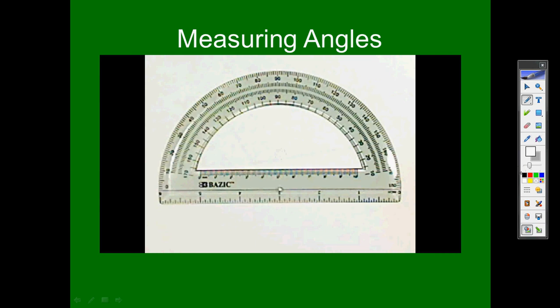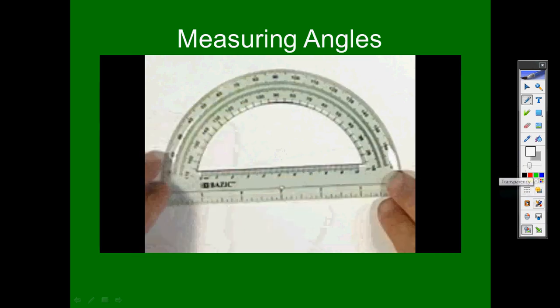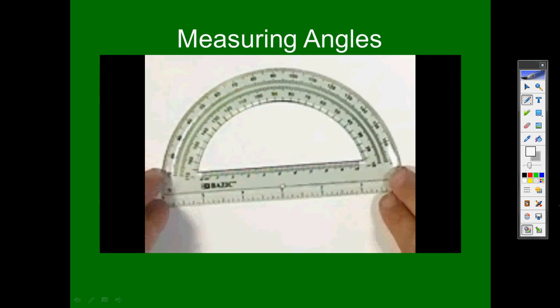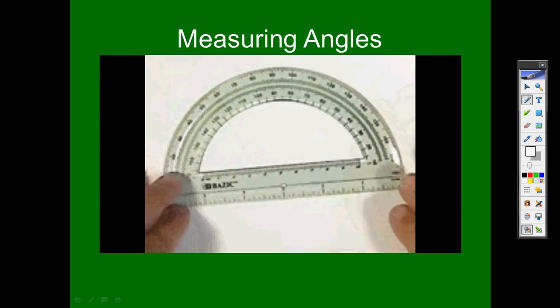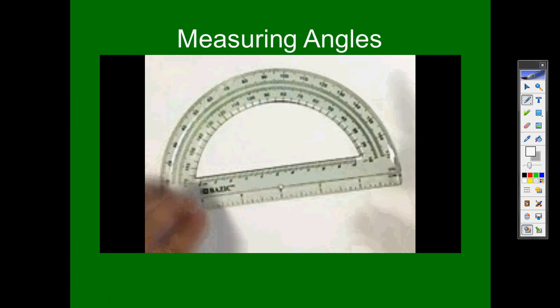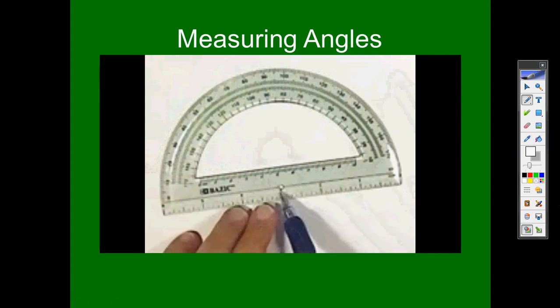Hello and welcome to my video on how to use a protractor. A protractor is used to measure the amount of angle, degrees in an angle, and it is made up of usually a hole or a notch which you place over the vertex of the angle.